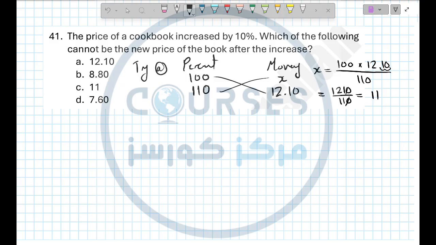So when can't it be a new price? When you try them out with these two numbers, they are not divisible, or they would give you a non-terminating decimal. So next, just to save time, I'm going to try D. So here is percent and here is money. The percent is 100. We don't know the original money.